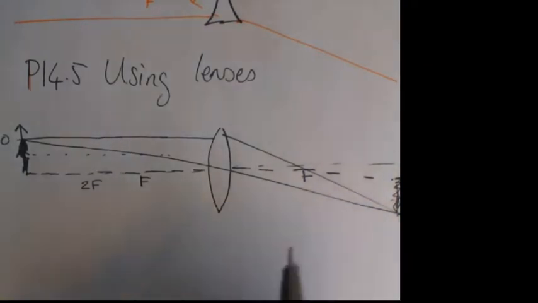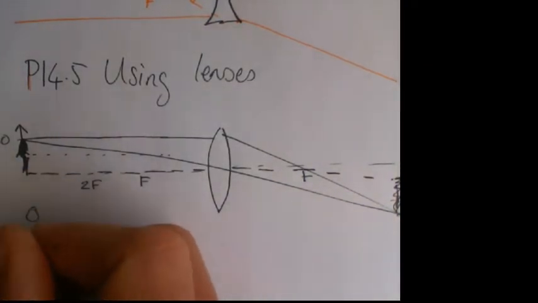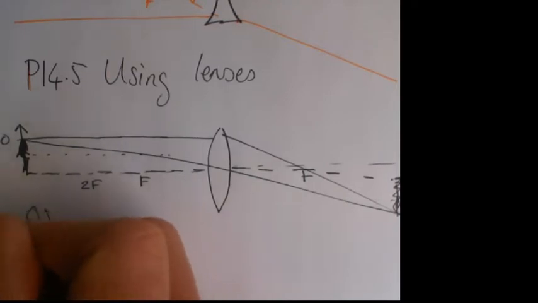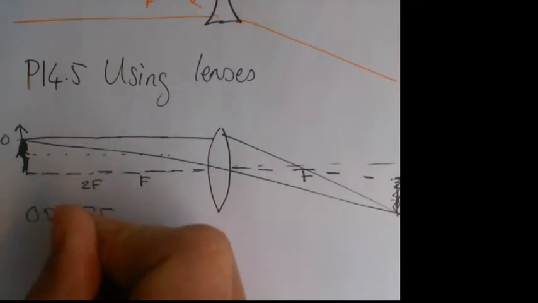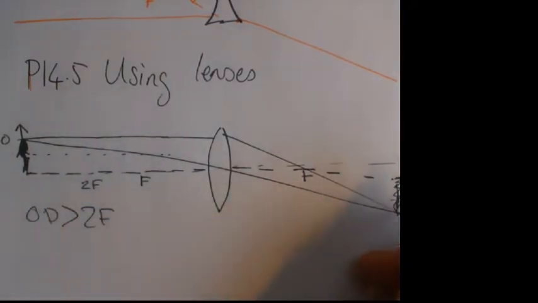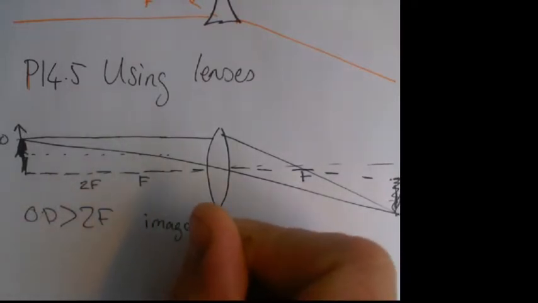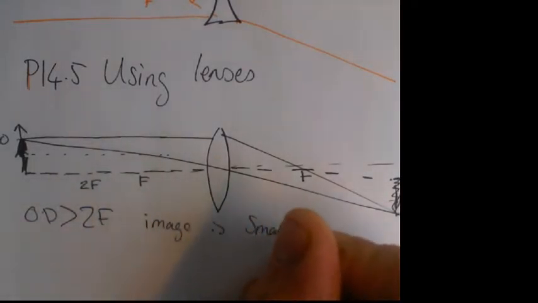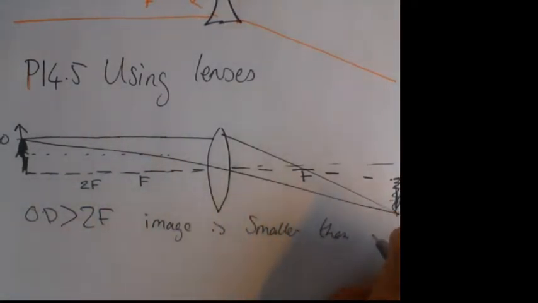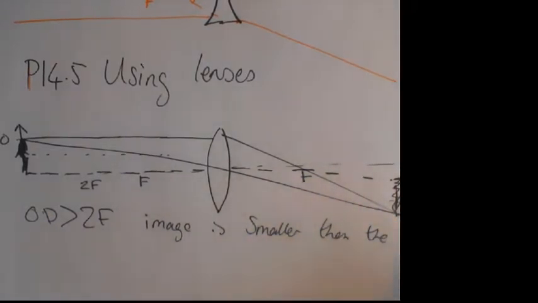But what you need to know is that because the object is a greater distance, so the object distance is greater than 2f, it means that the image is smaller than the object, which makes sense, because if you think about something that's really far away, like the moon for example, you could use a telescope.